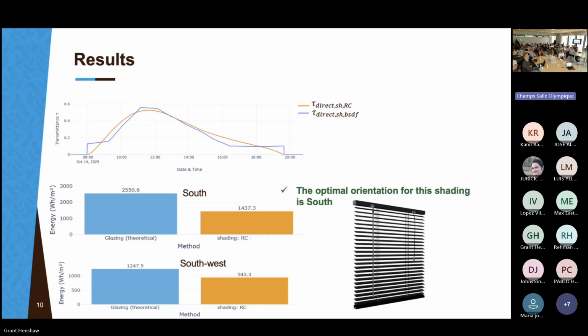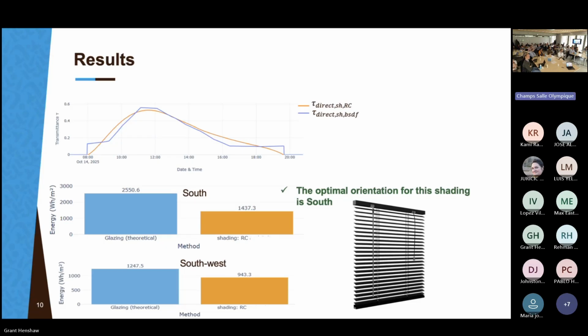We had the same profile for all the time series, because we fit all the time series for the model. And in blue here you have the time-dependent direct transmittance of the theoretical one, the one that was derived from the BSDF, from the ray tracing technique.